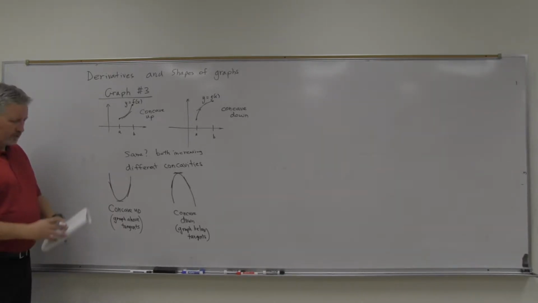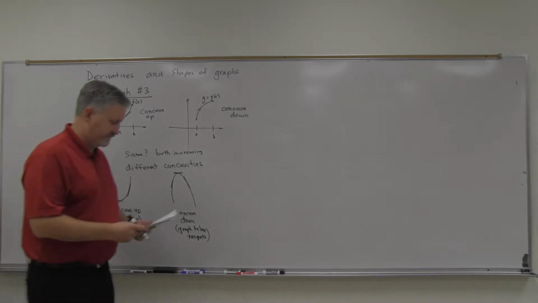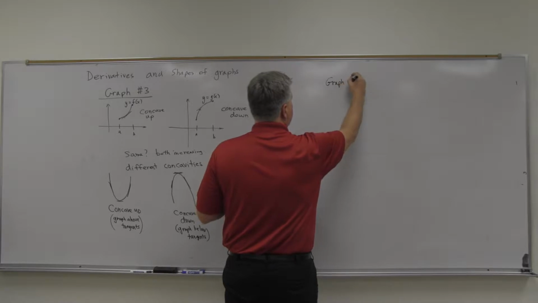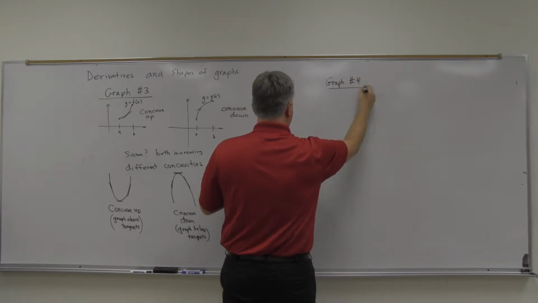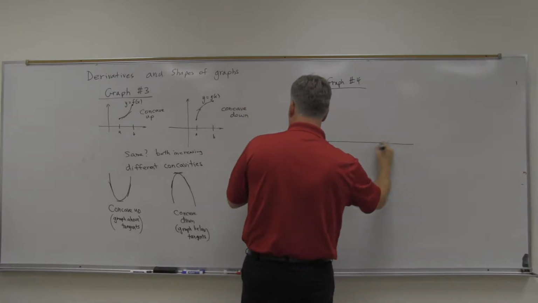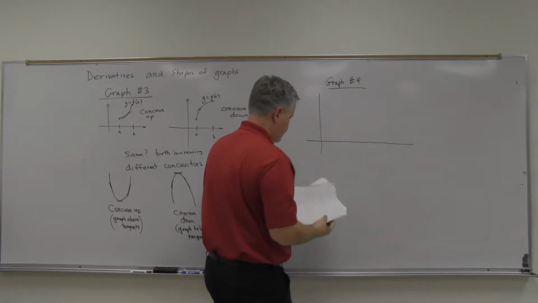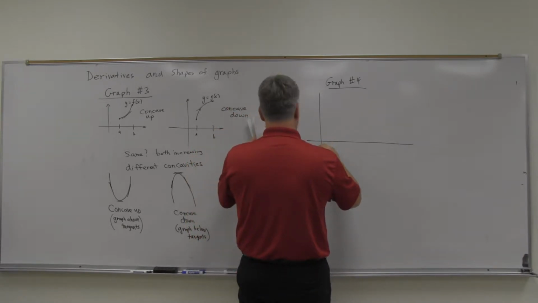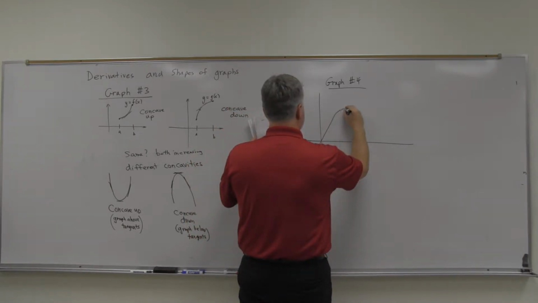All right, so let's go to graph 4 then and talk about concave up or down as far as the graph goes. Make sure I get this right. Okay. All right, so here is up.